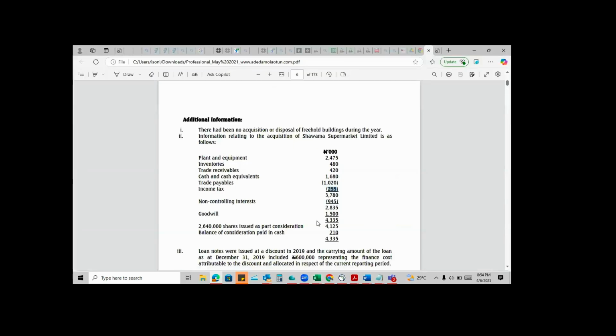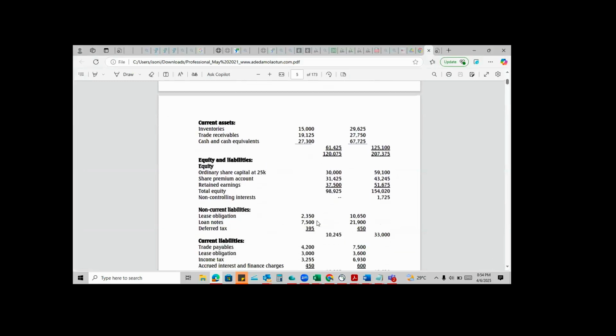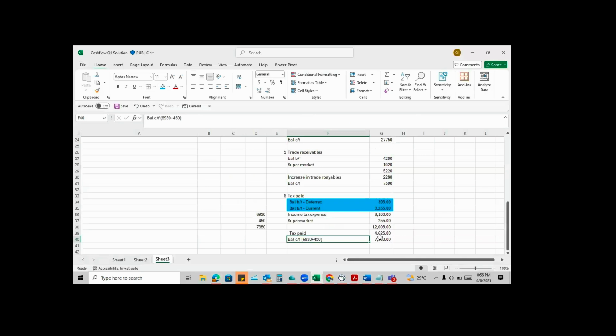But when I look at the breakdown of my tax liabilities, I am seeing deferred tax 450 in the SOFP, and then I'm seeing income tax 6930. So I added the two, and the balance is 7,380. So how did we move from what should have been our balance, 12,005, down to 7,380?